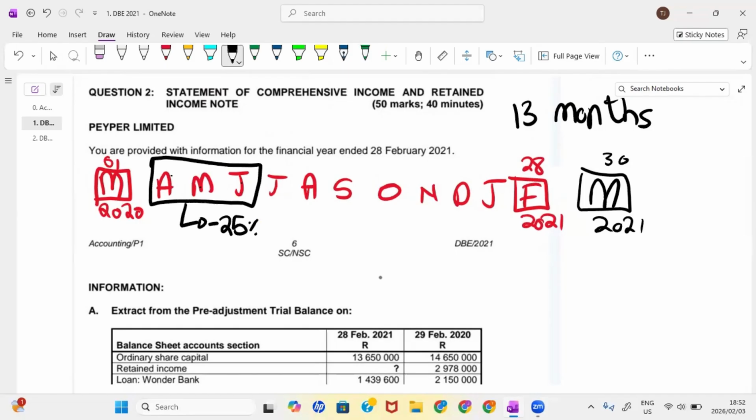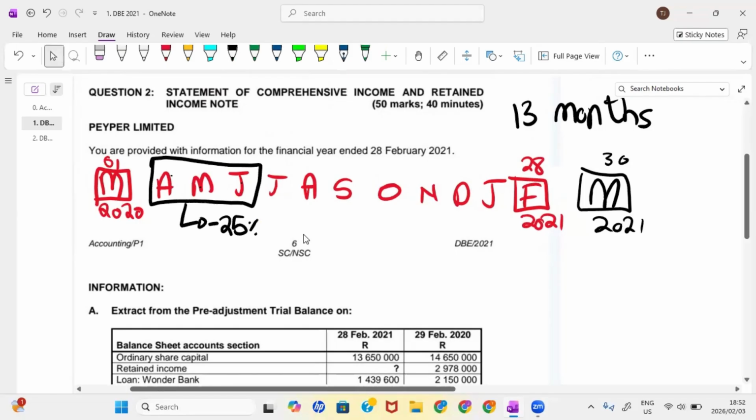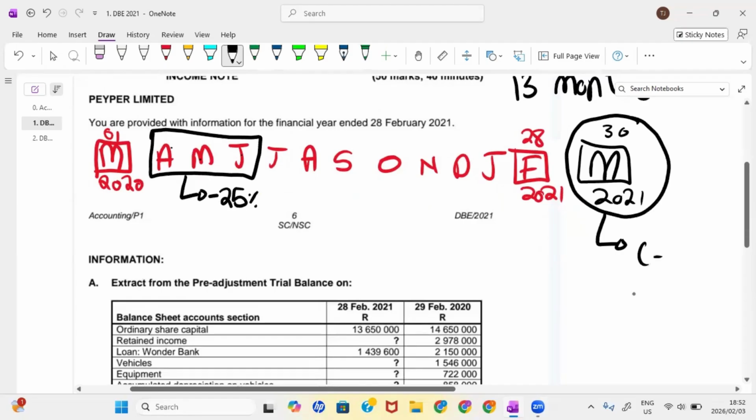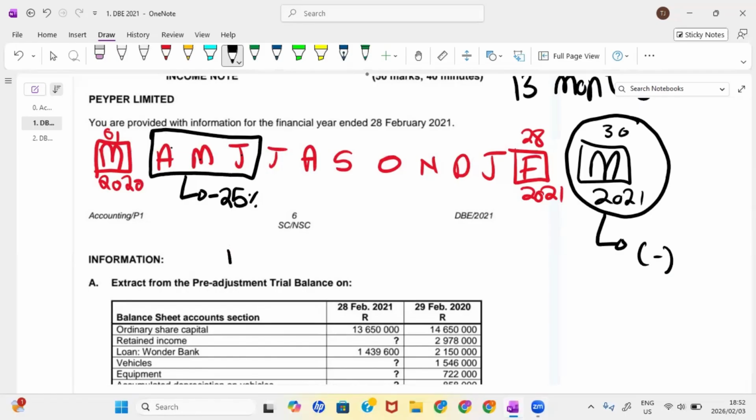As we can see. So remember, what we are trying to do now is to find out this 1 month, because it's extra, right? And then we are going to subtract it from our statement of comprehensive income. So already, this is an income that was received in advance. So this is deferred income or income received in advance, right?